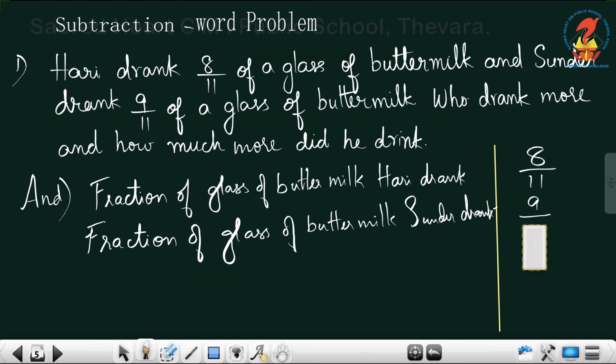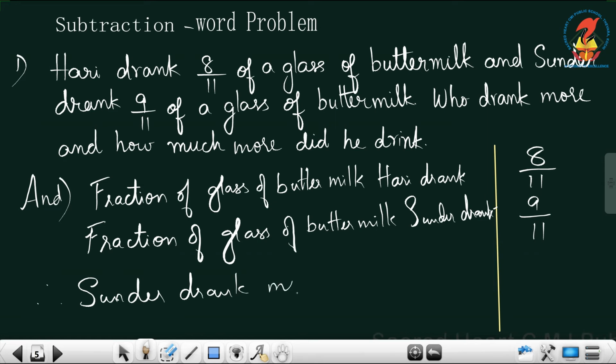So here who has drunk more? Yes, you have to compare the numerator part. So 9 by 11 is the greatest fraction. So Sundar has drunk more. So write as Sundar. Therefore, Sundar drank more than Hari.